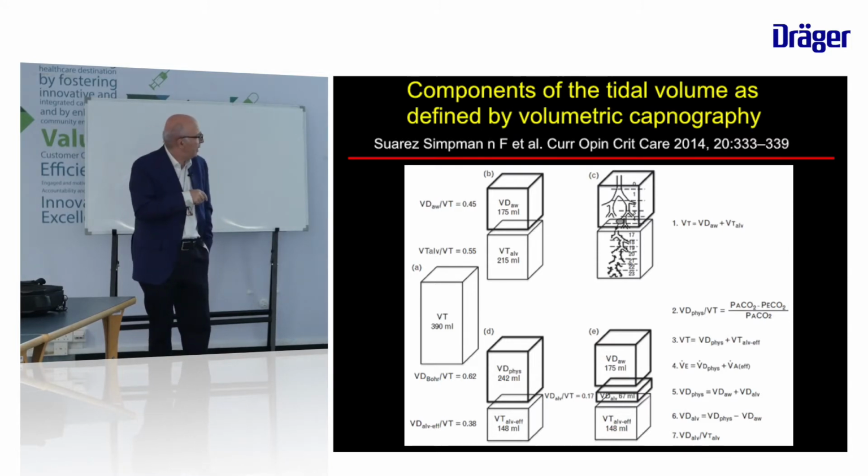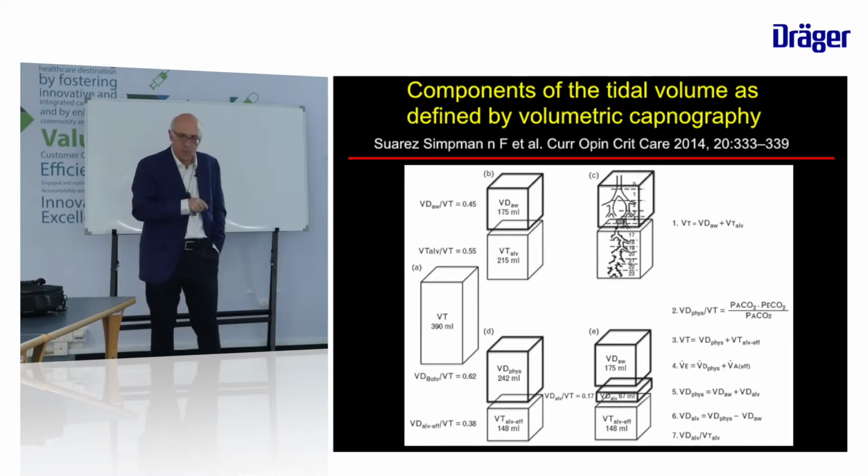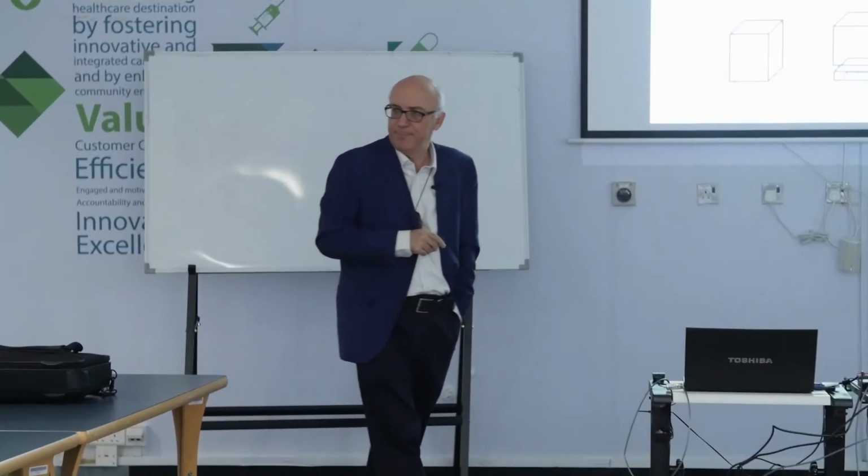What is important is the effective alveolar tidal volume. So if we reduce the overall tidal volume, you can understand that you can have a reduction, of course, in the anatomical dead space, and also an effect on the effective tidal volume.